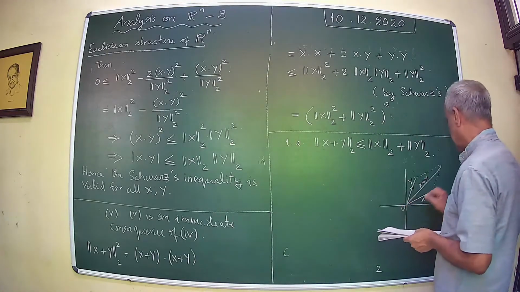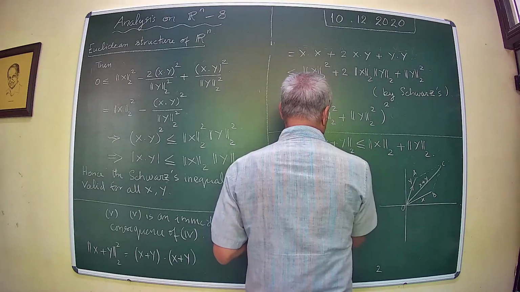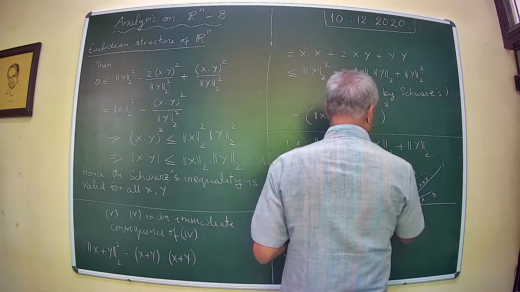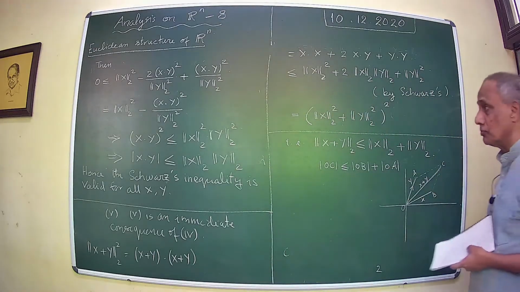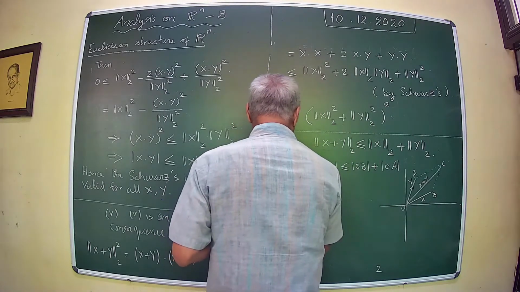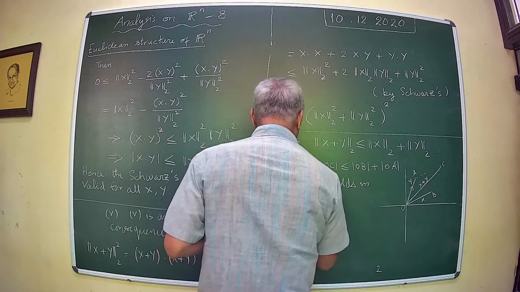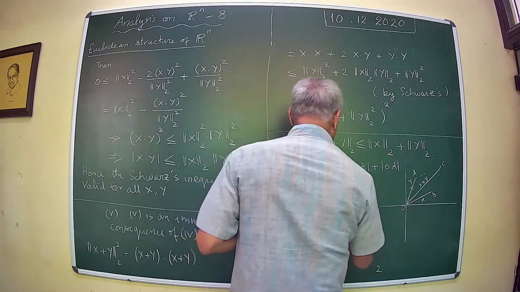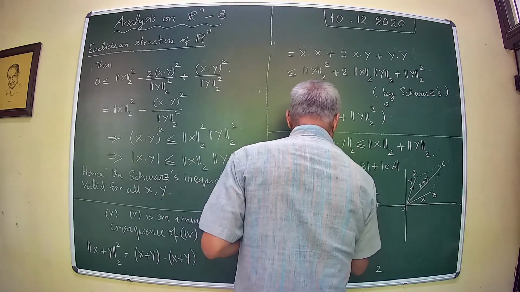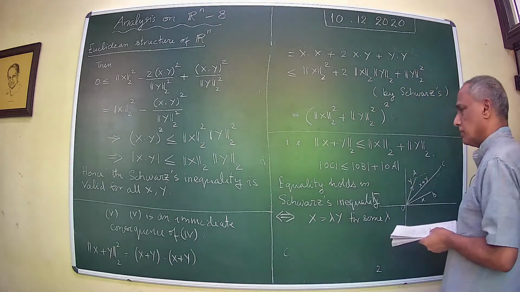Okay. So this is actually the length of... and if you just scan through the proof of this, now you see that you can show that equality holds. That means x and y are along the same direction.